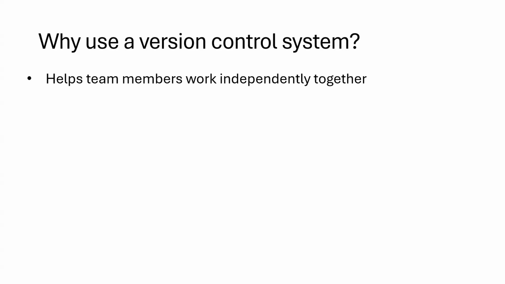So a version control system helps you do that and also helps you work together on the same files. And it's useful for teams because it tells you who did what when, which is an opportunity for you to be individually recognized for your work on a team project.